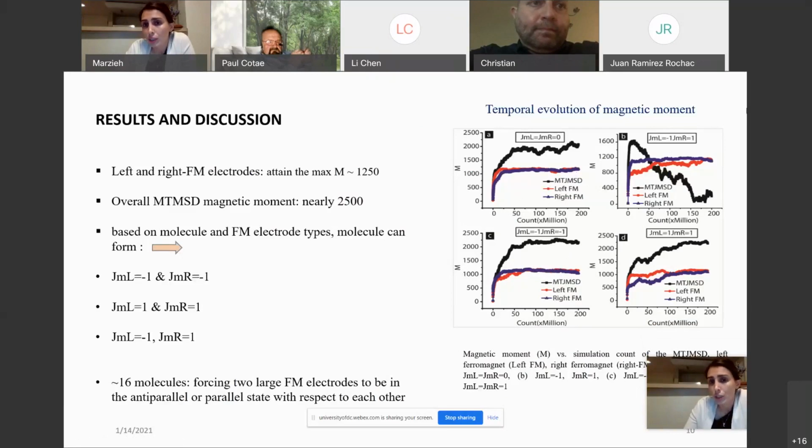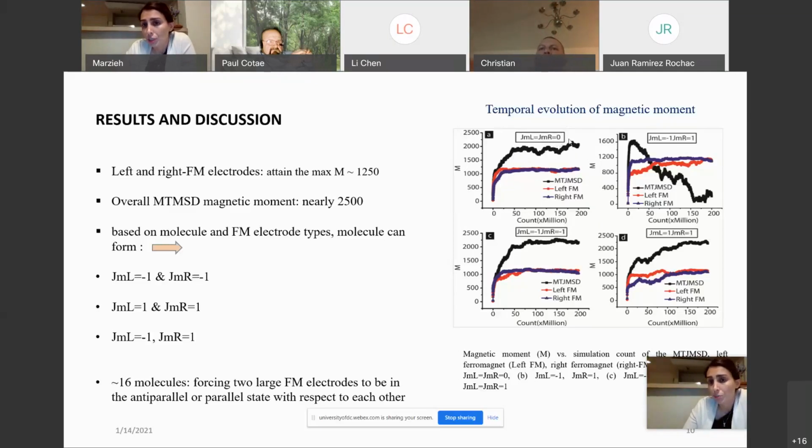So we are showing the time dependence of the magnetization. There are 121 different cases that could be represented here, but I'm just focusing on the four extreme cases. Let's suppose that there is no coupling between the molecule and the electrode.